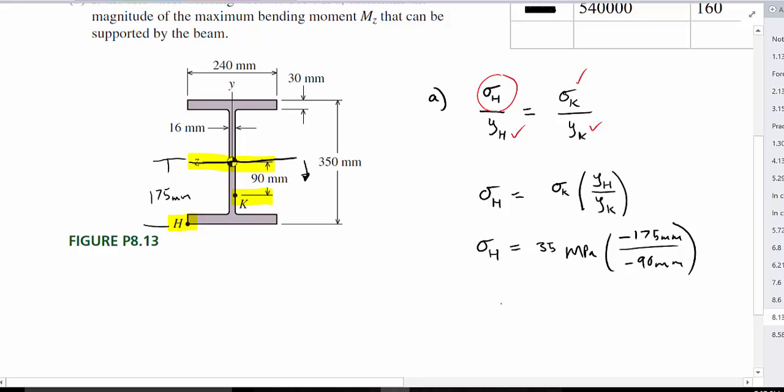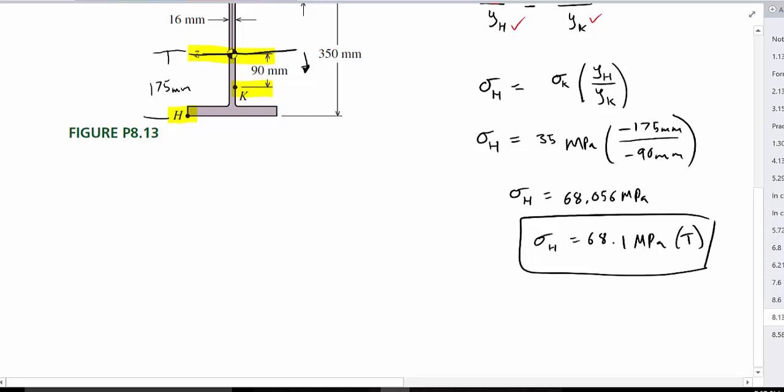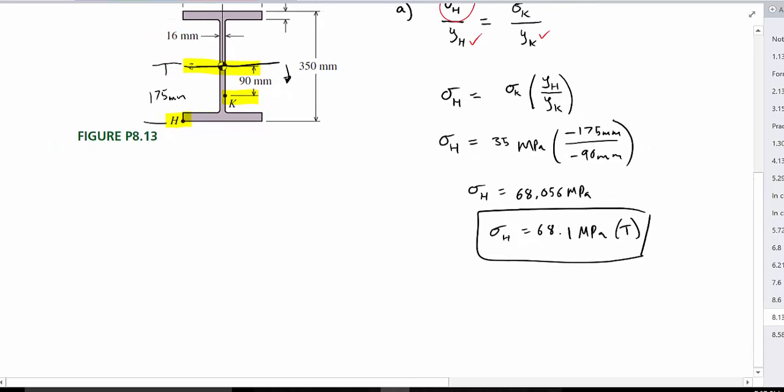Solving this out, we get sigma sub h equals 68.056 megapascals, and it's in tension because it's a positive value. So sigma sub h is approximately 68.1 megapascals in tension. And part A is done.